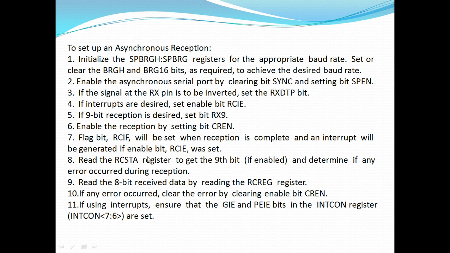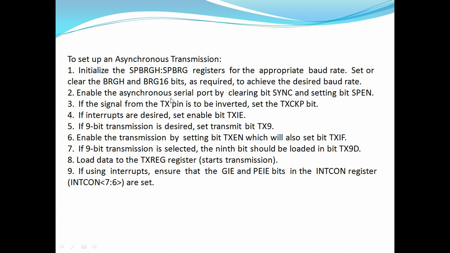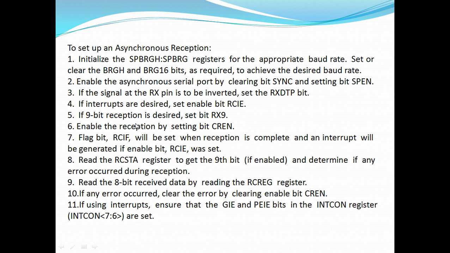In the same way, we can do this for asynchronous reception. These are the steps that we can follow. The same steps are there, only instead of transmission we need to use RCIE, that is the receive interrupt enable bit.